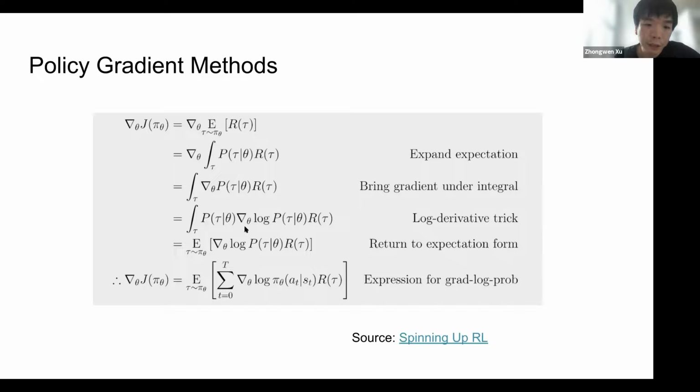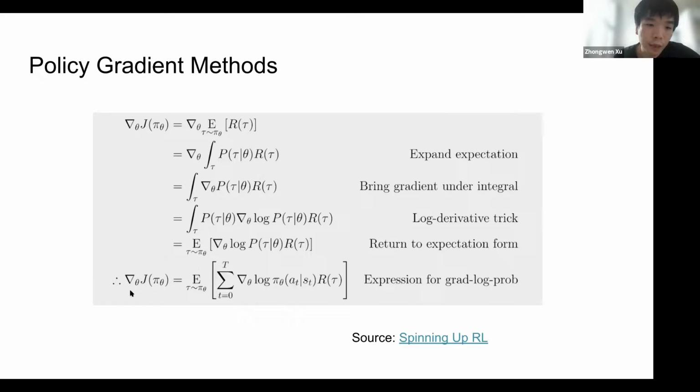And then later we can use a trick, which we will go into in detail in the next slide, called the log derivative trick, to obtain this equation. And then for the integral, this is a probability of tau, so you can transform it back to an expectation.